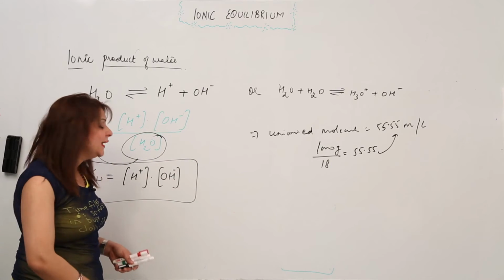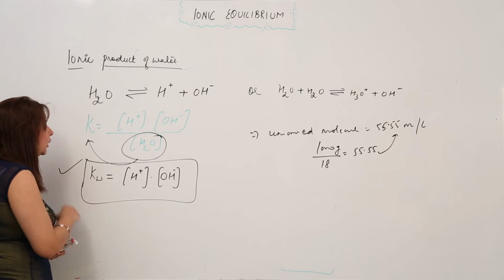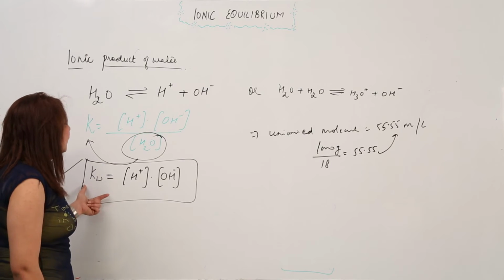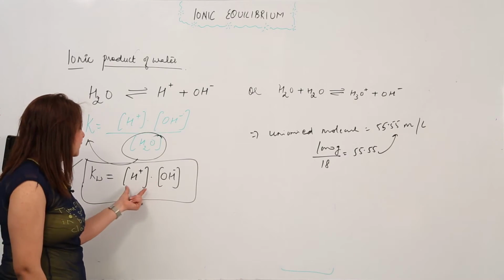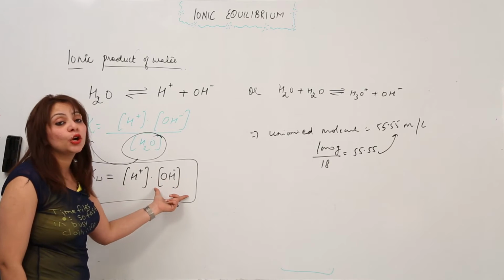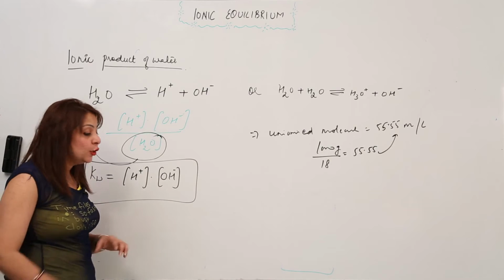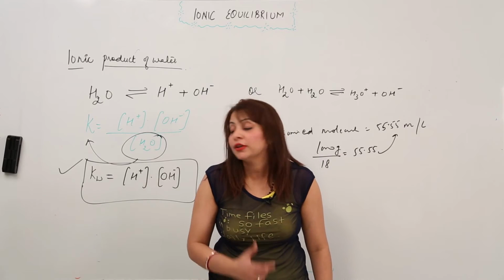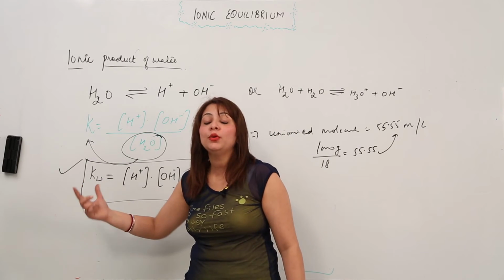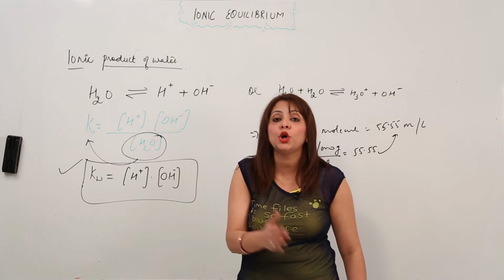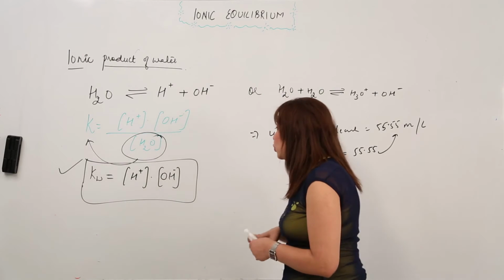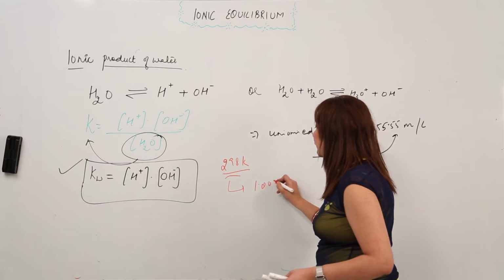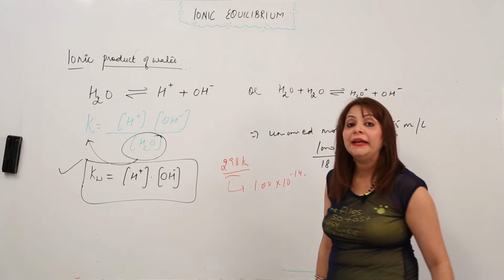Now if somebody asks you how to define the ionization constant of water, you say that it is directly proportional to the product of the concentration of the hydrogen ion and the hydroxide ion at a particular temperature. Note the phrase in the definition: at a particular temperature. That means this Kw value is fixed at a fixed temperature. At 298 Kelvin, it comes out to be 1.00 into 10 raised to power minus 14.